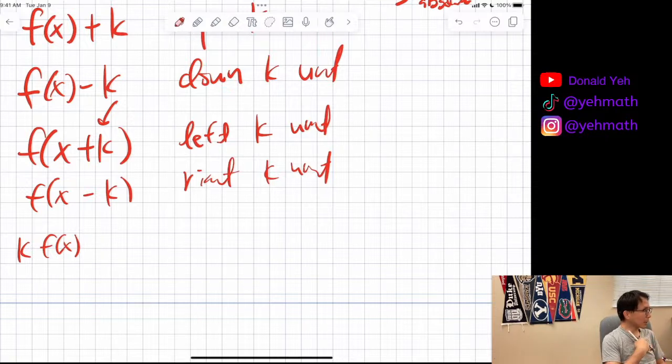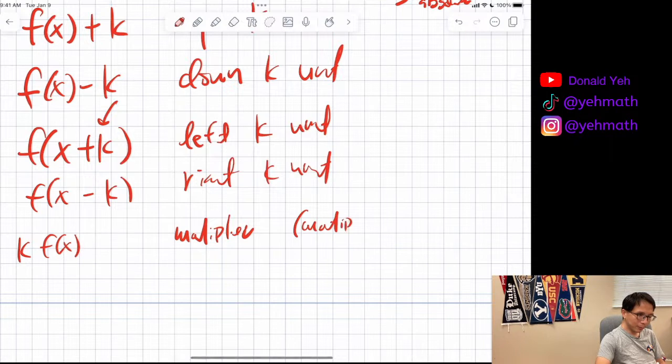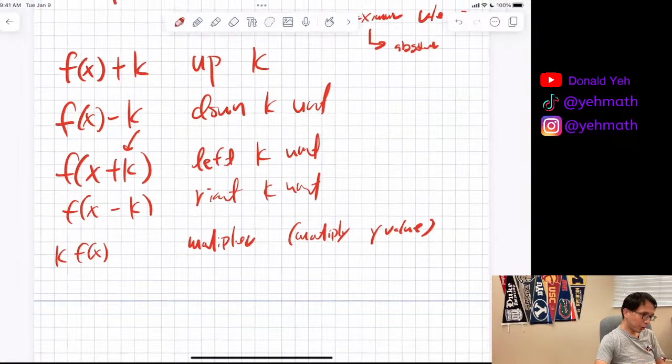In algebra 2, we call it vertical stretch or vertical compress, and I don't like that. I like it called multiplier. And what do you mean by multiplier? Just multiply the y value. Okay, multiply the y value. Yeah, and I'm going to show you how to do that.